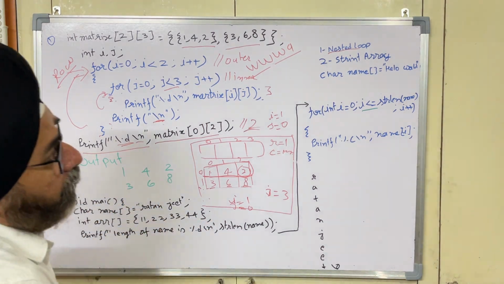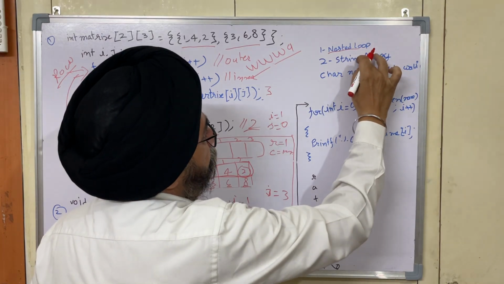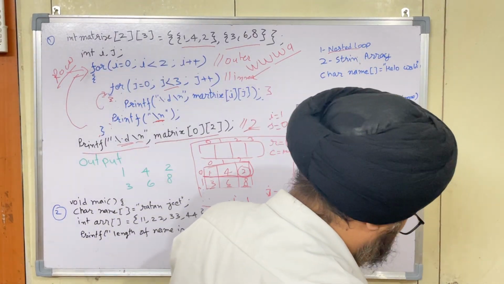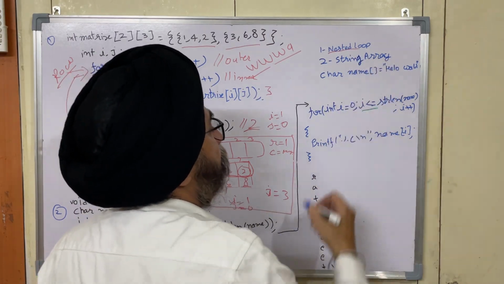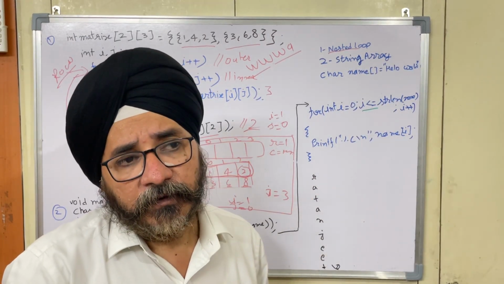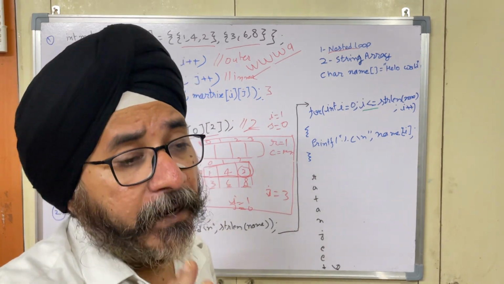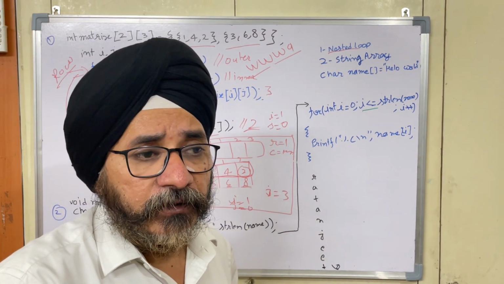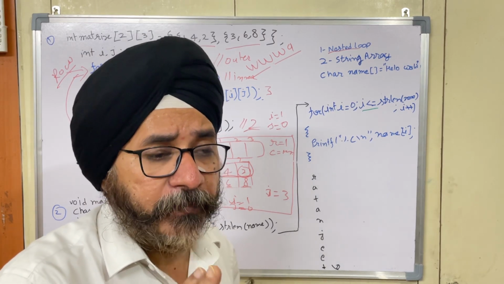Now I'm talking about the string array. In Java or .NET, we use the string data type, but in the C language, we follow the character array to represent a string.